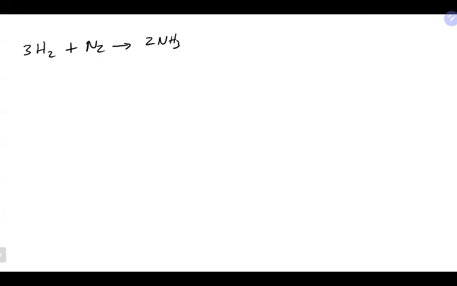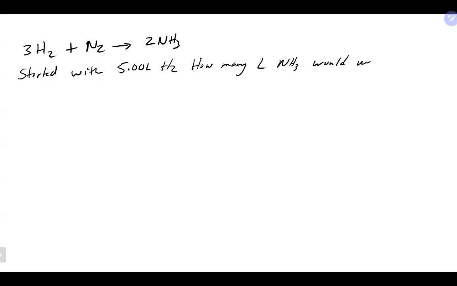All right, now let's just say that we started with 5 liters of H2, and we wanted to know how many liters of NH3 we would produce at a temperature of 295 Kelvin and 1.35 atmospheres.